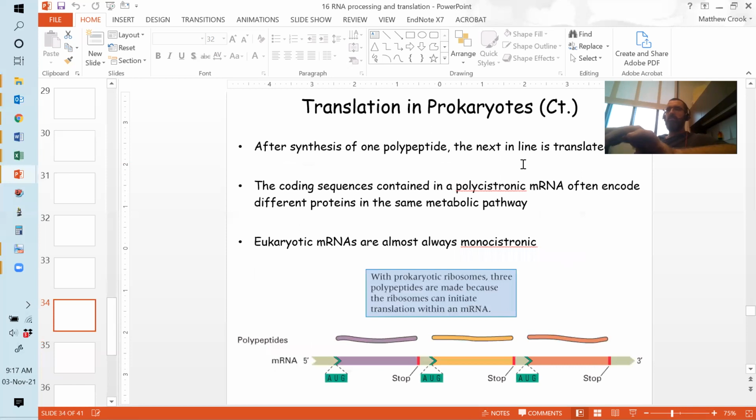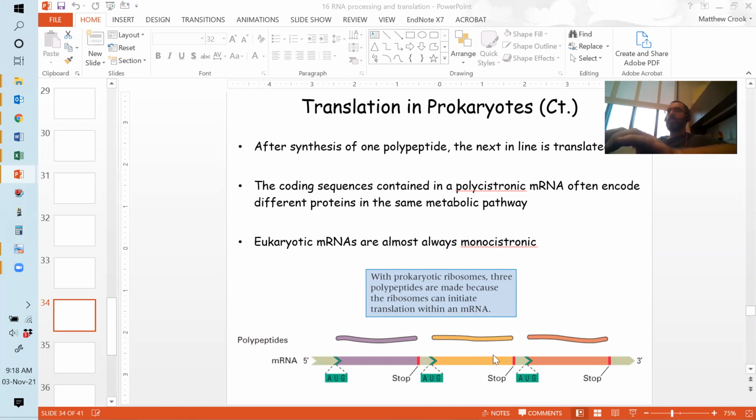So this is what a polycistronic mRNA looks like, right? So you have the start, or the beginning, and the end, and in it you have multiple different coding sequences or open reading frames, each bookended by their own start and stop codon.